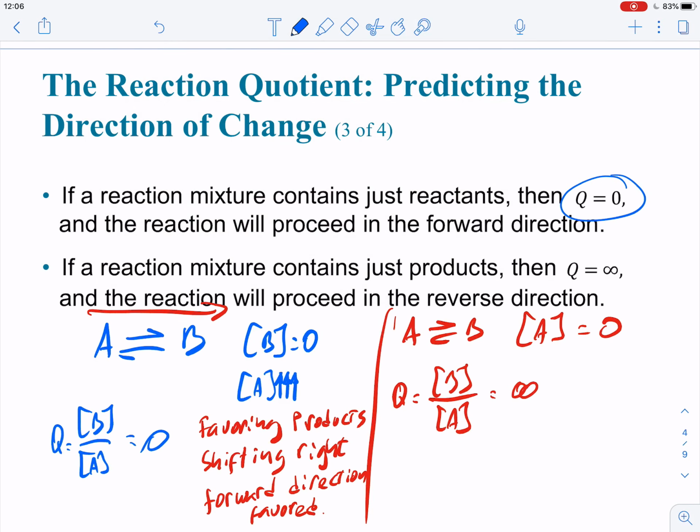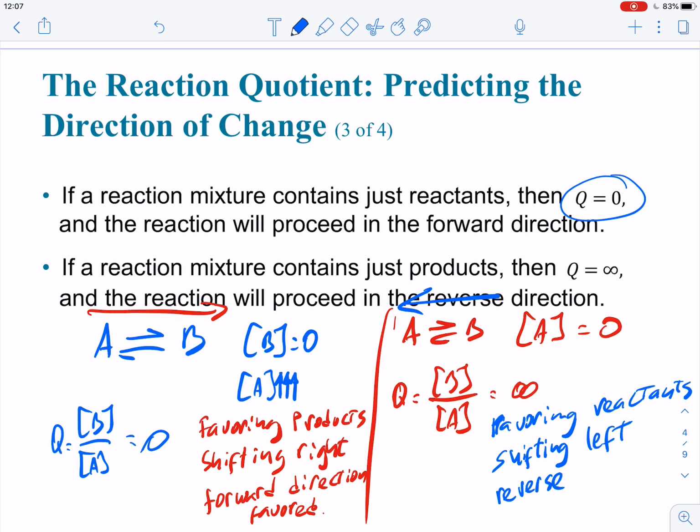So if you only have products and none of the reactants, then that reaction is going into the reverse direction. So when Q is infinite, then you are favoring reactants, or you can say the reaction is shifting left, or that the reverse direction is favored. Any of those are the same.